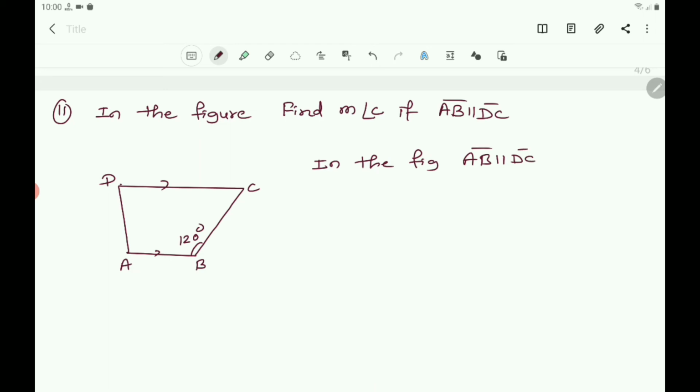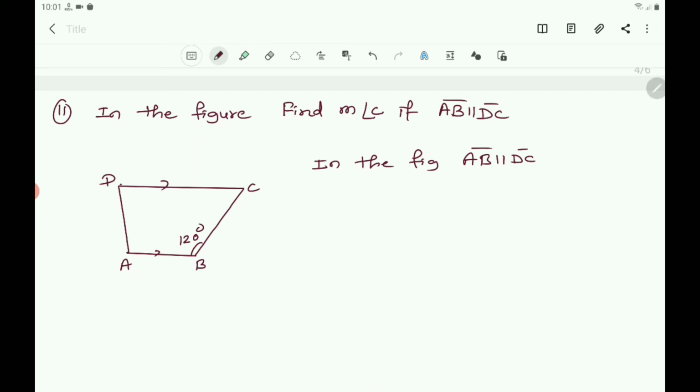And BC becomes the transversal of parallel lines. And also it is a trapezium. And you know that in a trapezium, the sum of the interior angles at the ends of non-parallel sides must be supplementary. Or if you take the property of parallel lines, here BC becomes the transversal, therefore angle B plus angle C must be equal to 180 degrees.